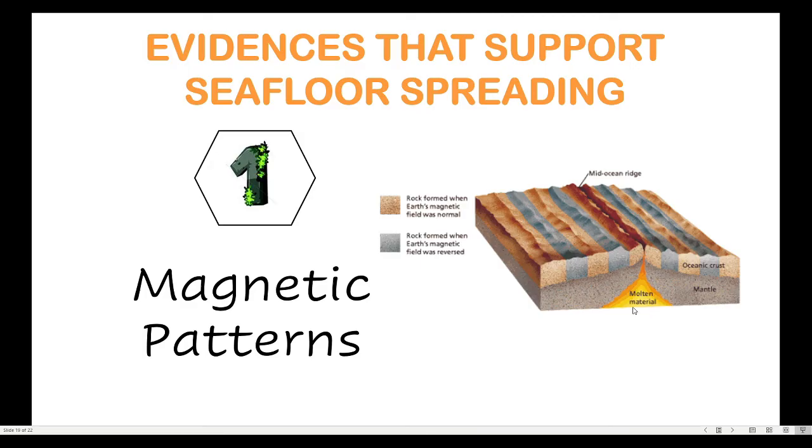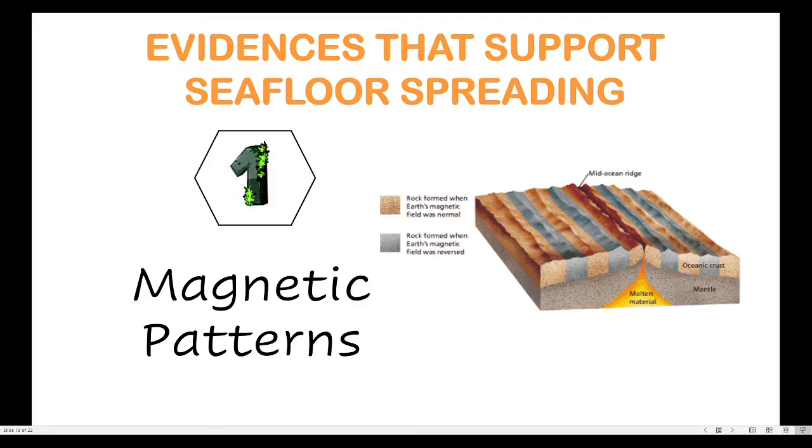Once the molten material or magma comes out of the mid-ocean ridge via ridge push, this seafloor would move to the left, and this seafloor would move to the right until it reaches the subduction zone. However, how did scientists learn that the seafloor is indeed moving? They looked at magnetic patterns. So what do we mean by magnetic patterns?